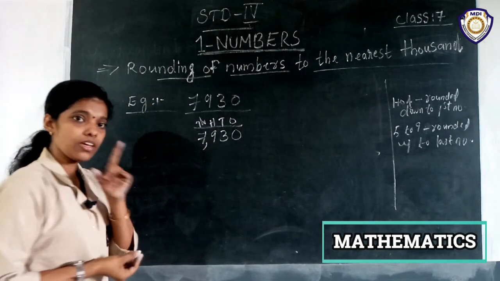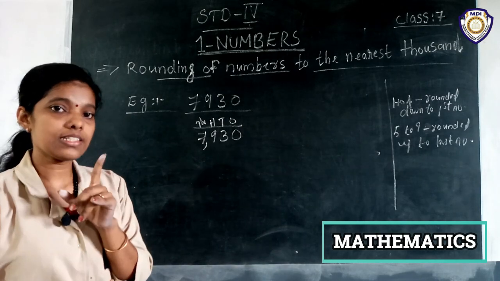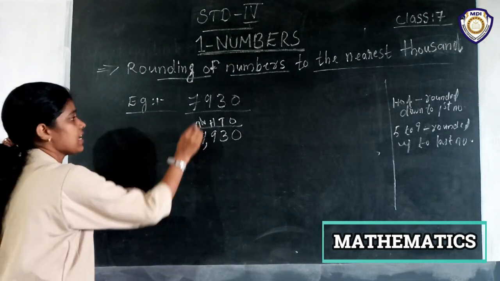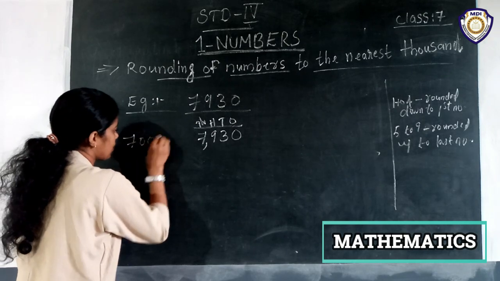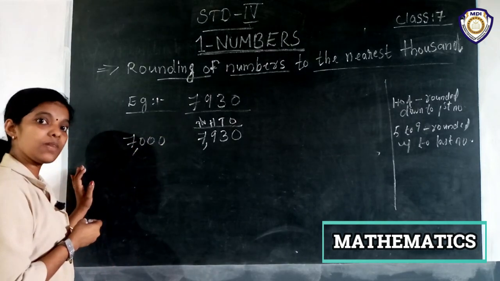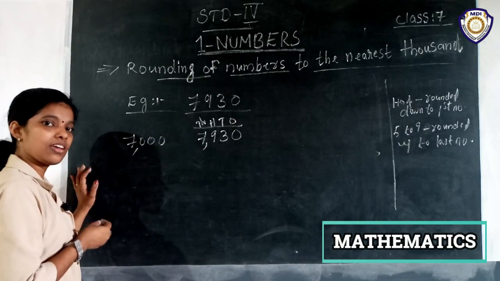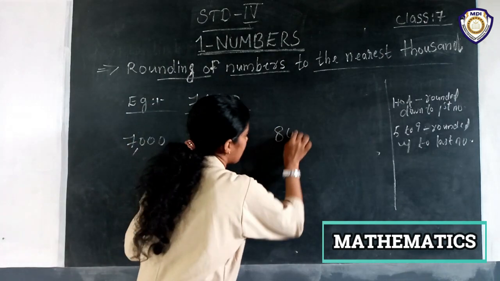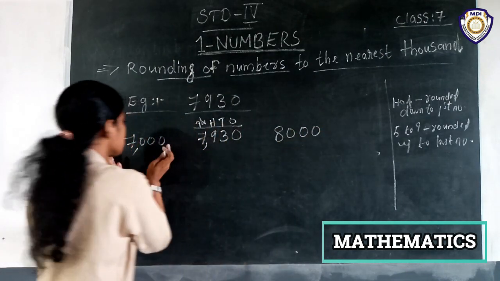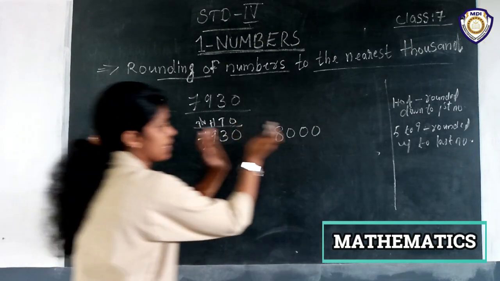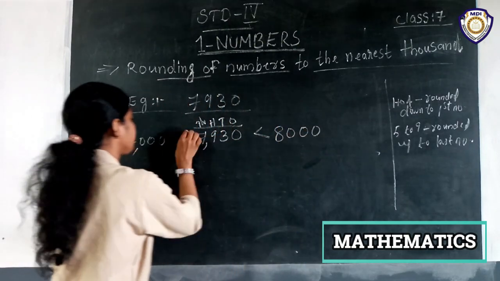We consider the first digit. 7 into 1000 is 7000. 7000 plus 1000 is 8000. 7000 is the first number and 8000 is the last number.